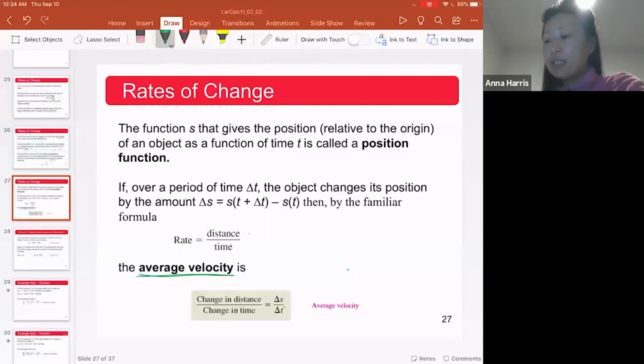The rate is distance divided by time. So we can say change in distance divided by change in time, we call it average velocity, because you're going to look at how much the position changed, compared to how much the time changed.